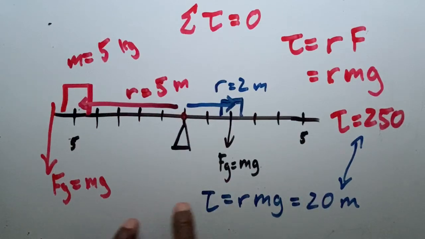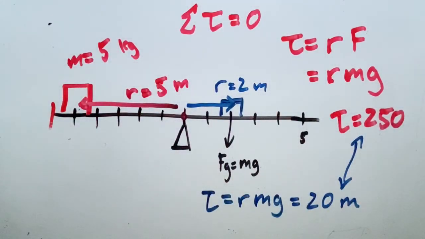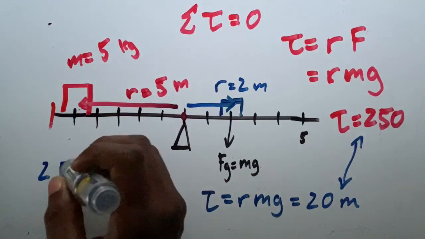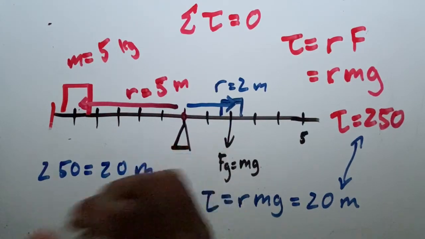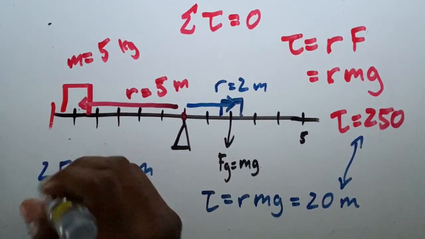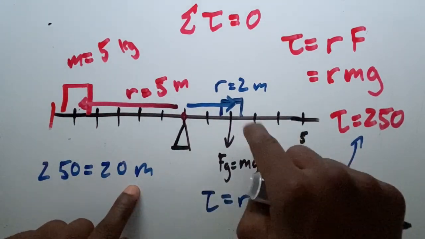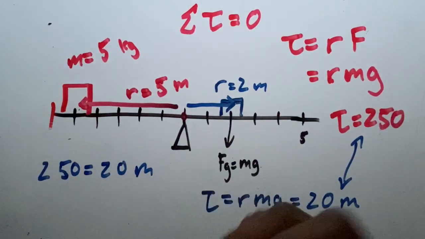I'm going to do that right over here, erase this. Setting those two equal to each other, we have 250 equals 20 times the mass. Now we can solve for the mass of the smaller block by dividing by 20.